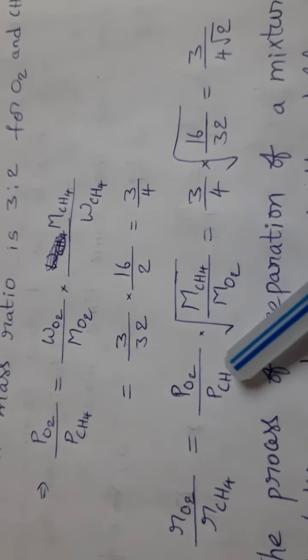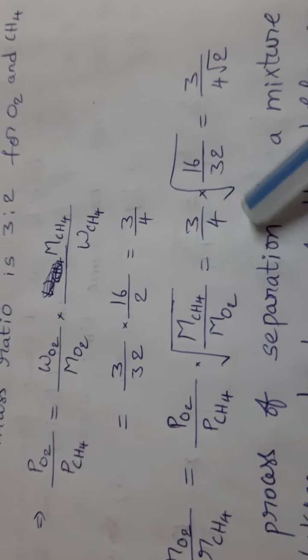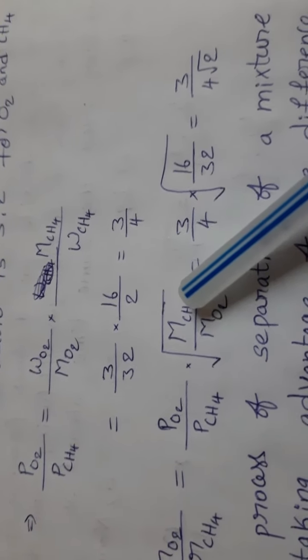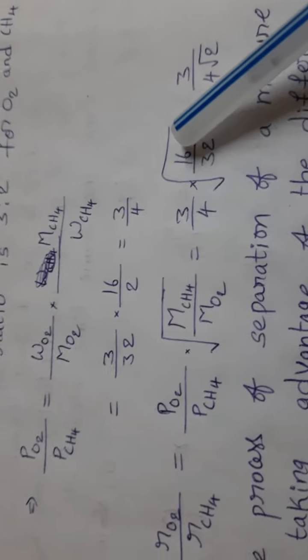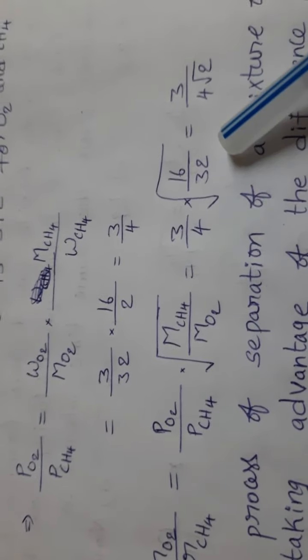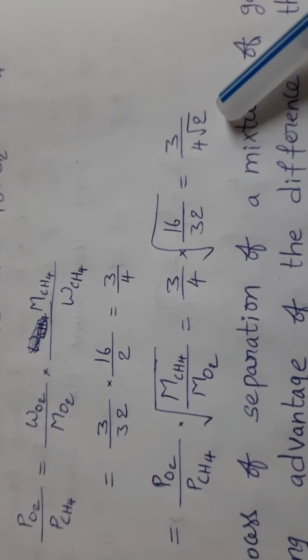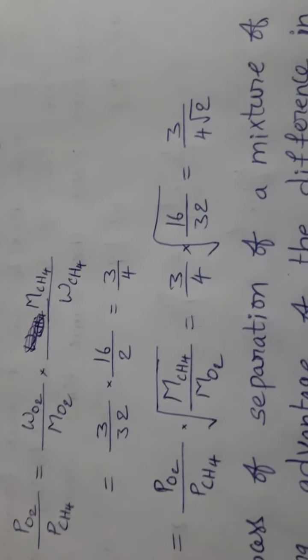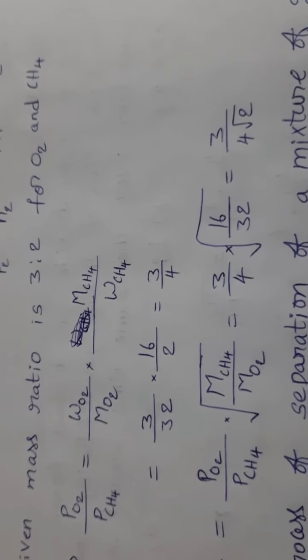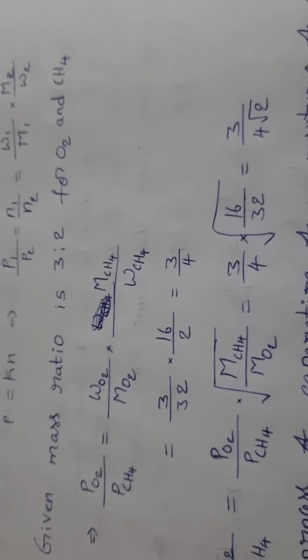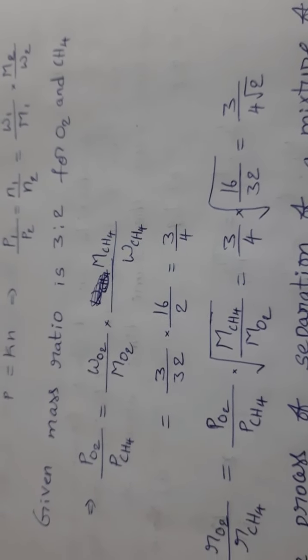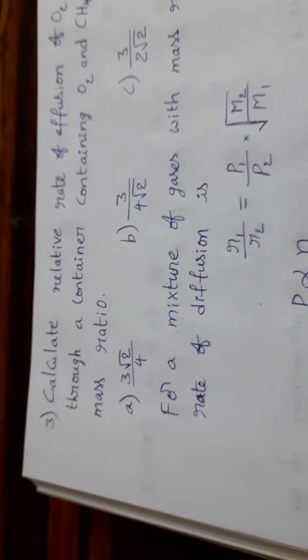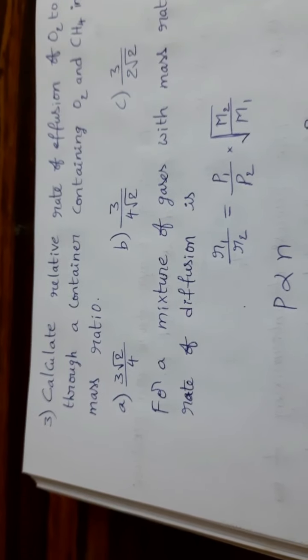So we can write 3 by 4 into square root of 16 by 32, CH4 molar mass 16, oxygen 32. Then we get 3 by 4 into root 2. So this is the relative rate of effusion for O2 and CH4. What is the answer? Option B is the answer.